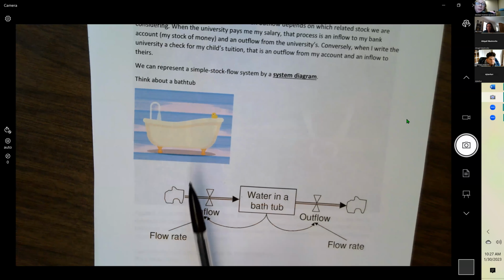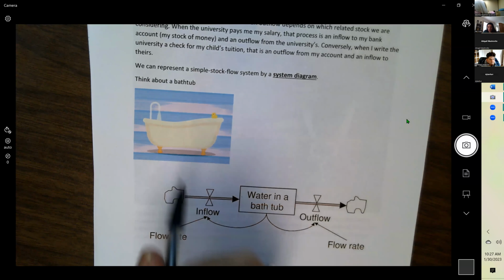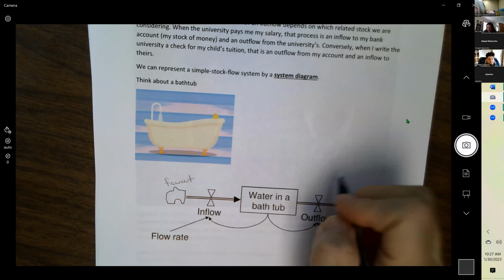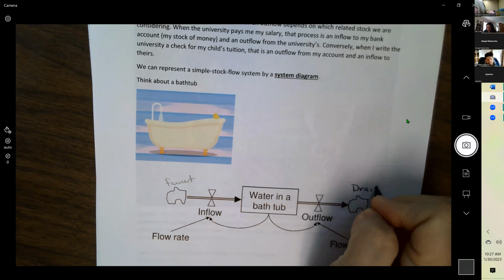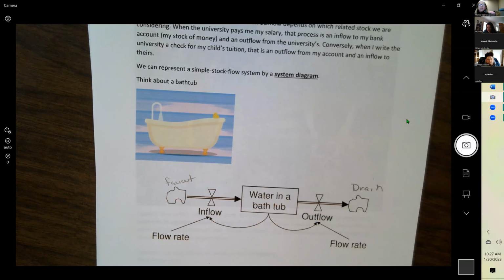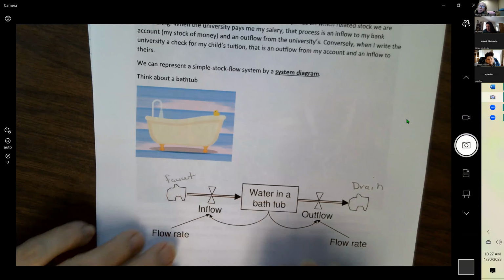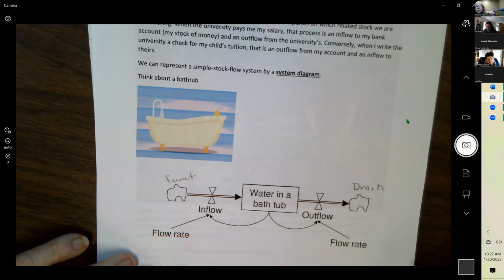For a bathtub, you're just turning on the faucet and it goes in. For the outflow, you're pulling the plug and letting it go down the drain. So this would be your faucet, and this would be your drain. Any questions? So you can do simple ones. There can be ones that are a little more complicated, which we'll do in a minute.